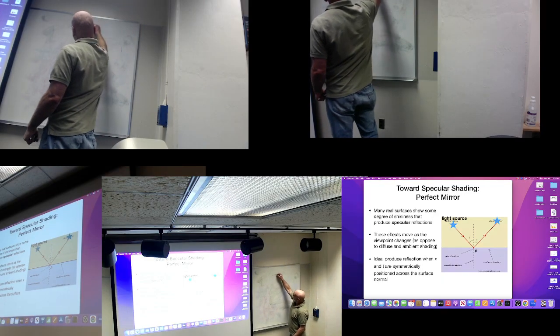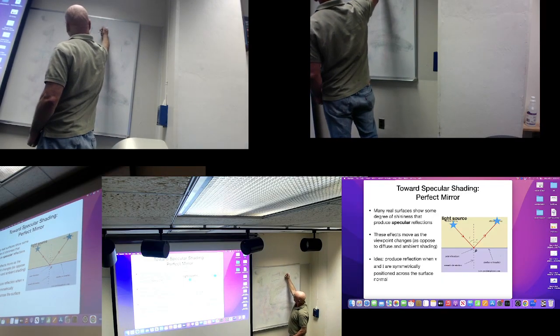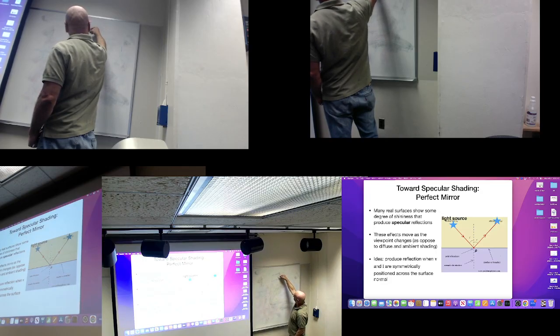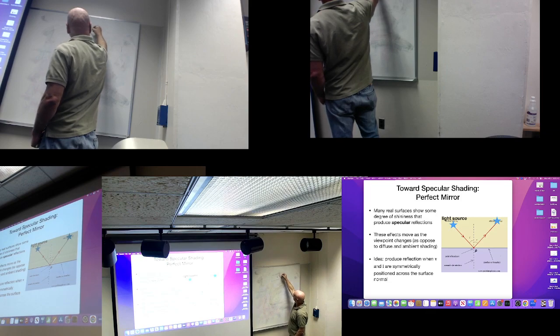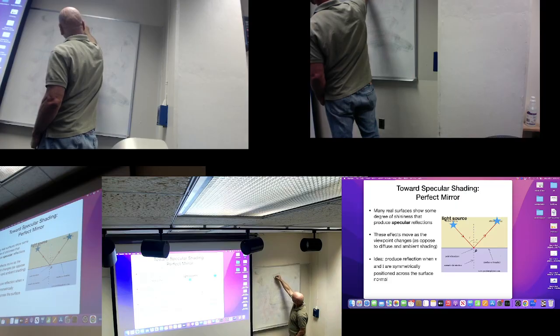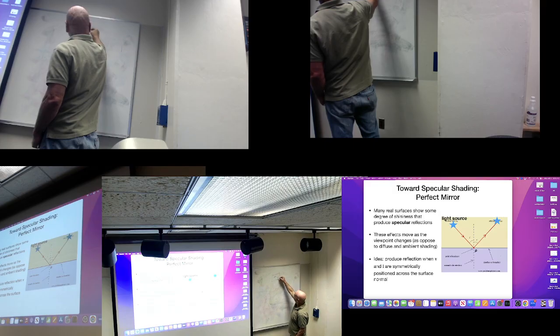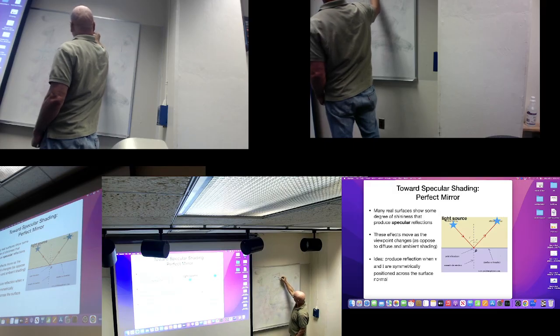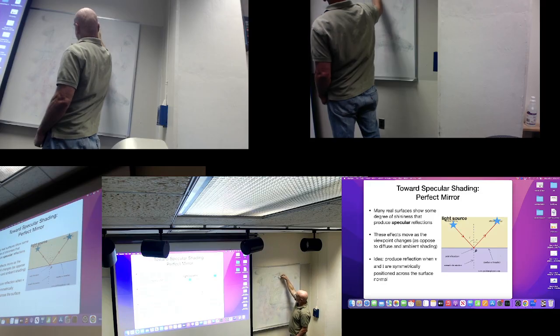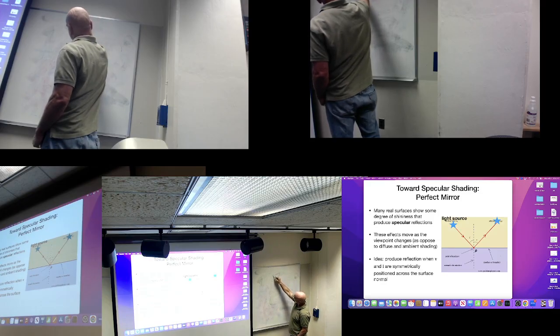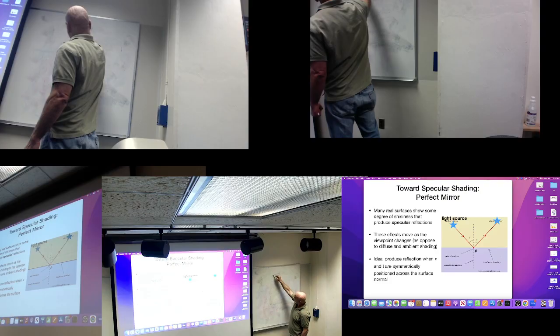Let me remind you of the standard pool trick. You want to ask how do I shoot the cue ball so that I hit B1, I aim from B2, and B1 will fall into this hole.